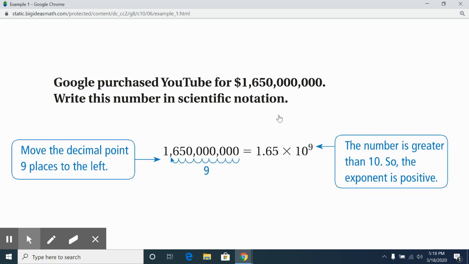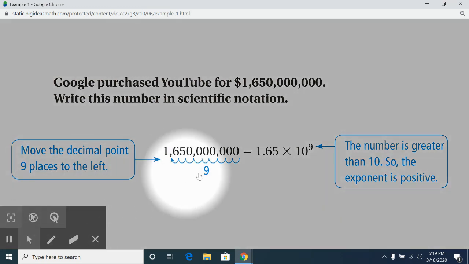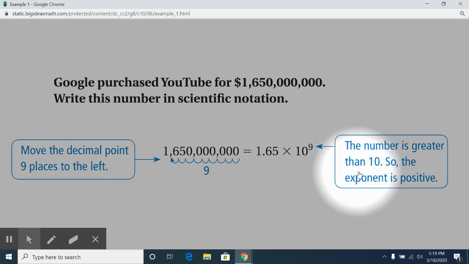Now, guys, I'm just going to see how many places do I have to move my decimal to get it to that spot. Okay, so if we read this, I'm going from here to here. How many spaces did I go? 9. All right, and since it's a very large number, my exponent should be positive because the number that I'm representing is a very, very large number.